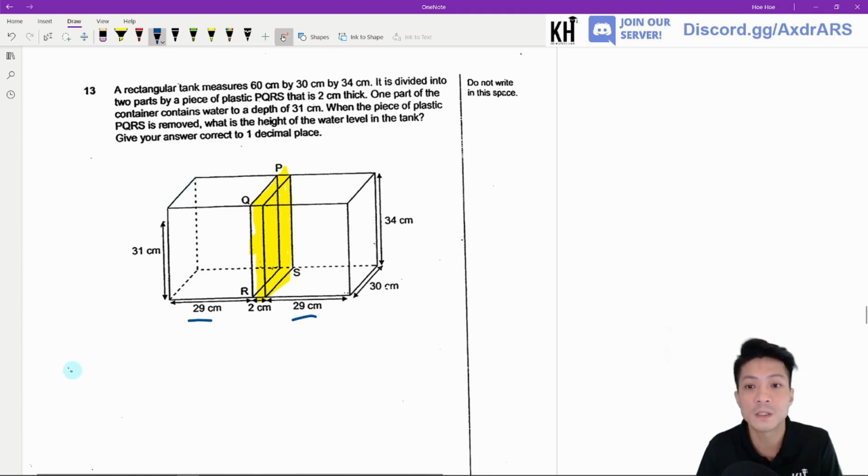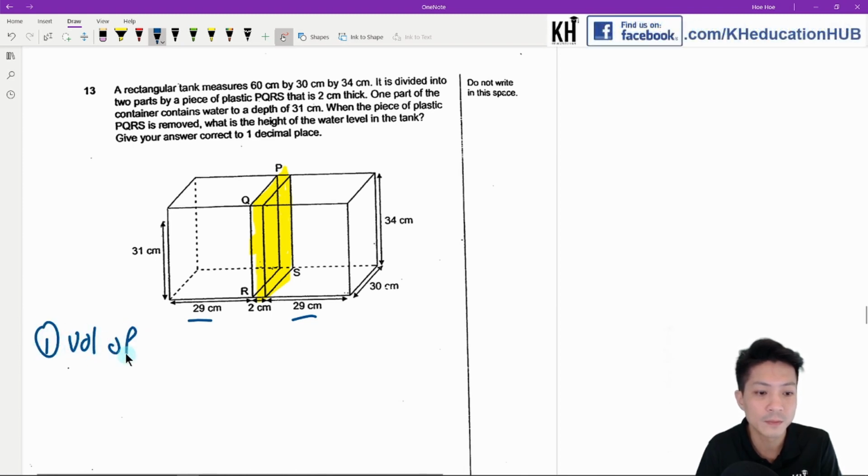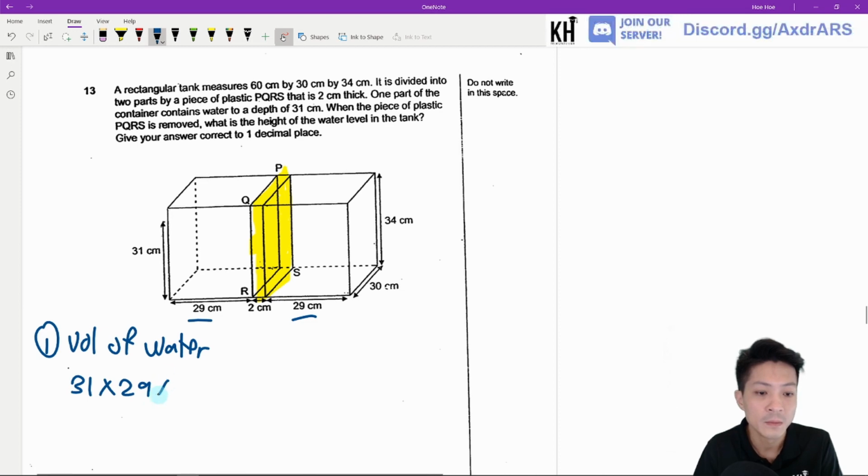Okay, so we're gonna first find the volume of water. The volume of water will be 31 times 29 times 30.